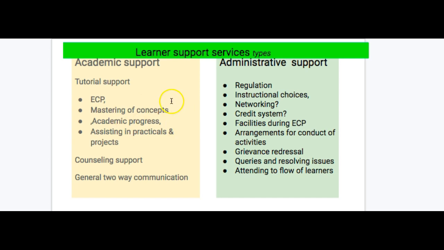So let us see the types. We have put up the types of learner support services here. One is the academic support and the other one is administrative support.